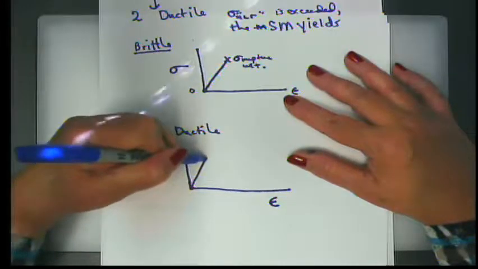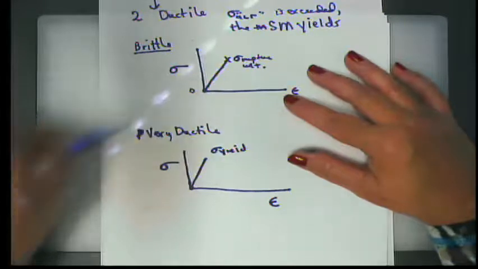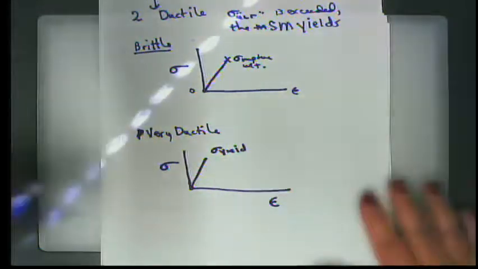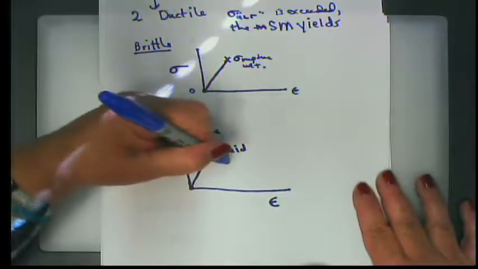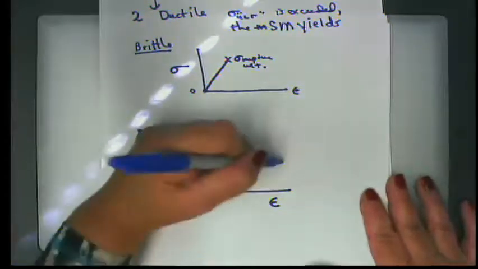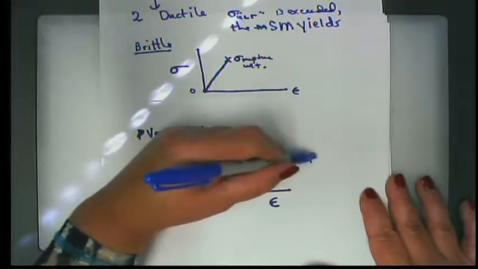But when we reach something I'm going to refer to as sigma yield, where the material begins to change due to the load, it will continue to elongate, it will bear stress in some different way until at some point it ruptures.